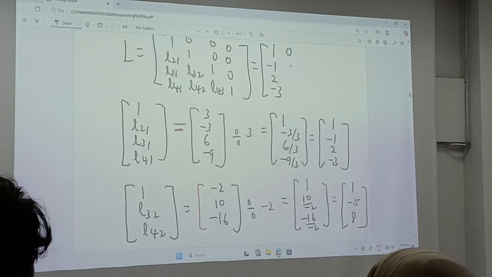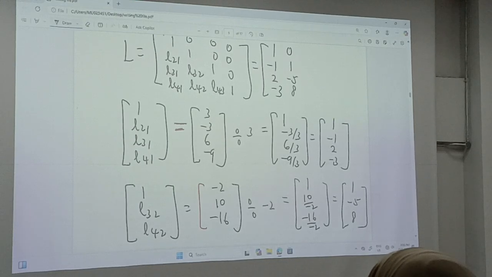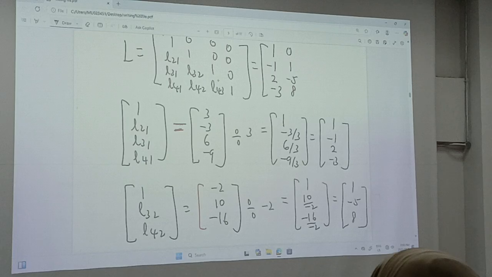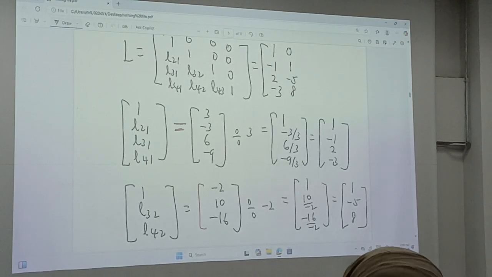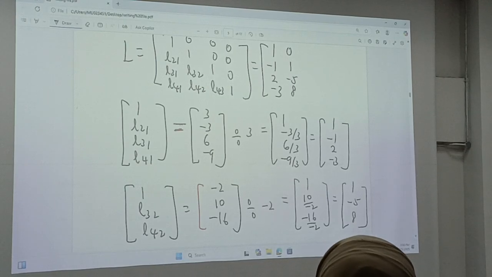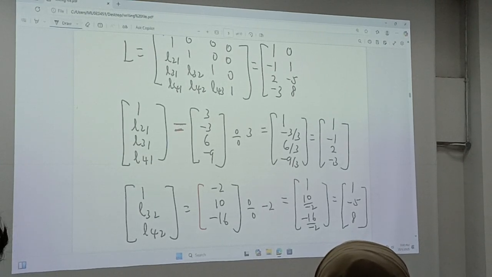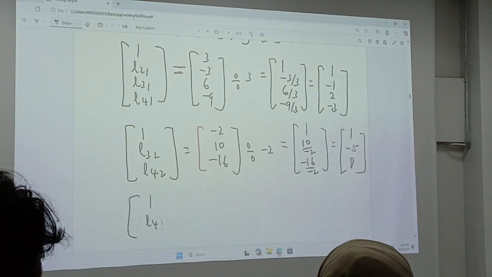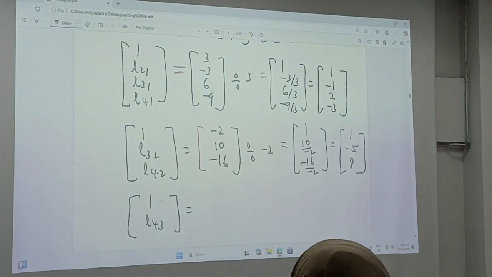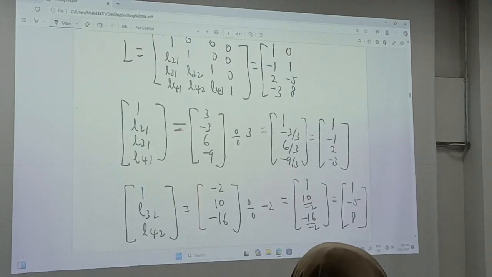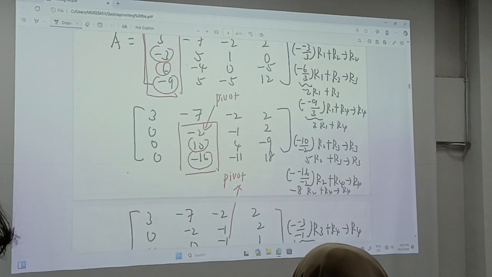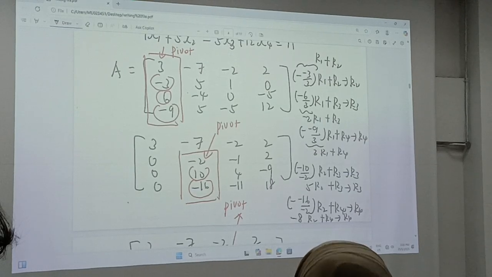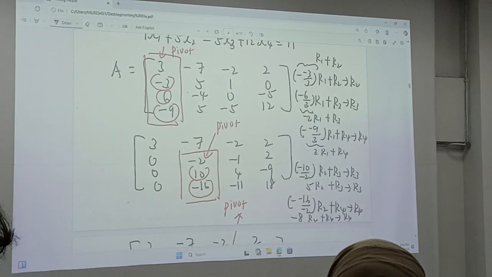Okay, so fill up over here. Now come to the third column, the last one. We want to find L43. Start from 1, L43. So go to matrix number 3. This is matrix number 1, then number 2, number 3.